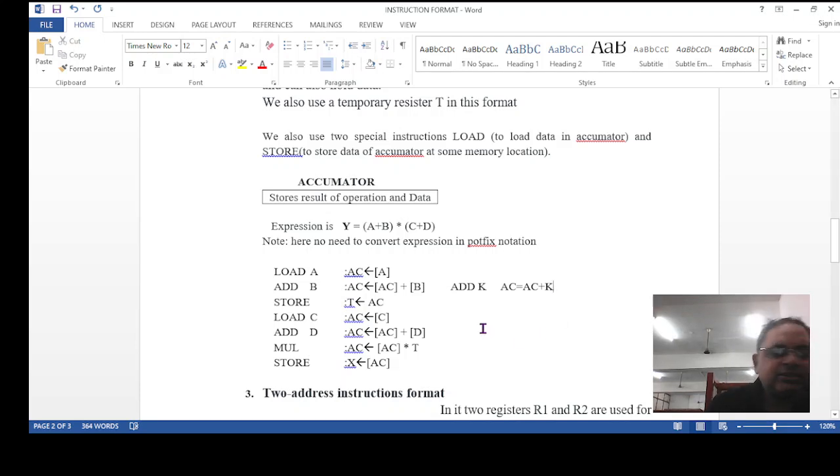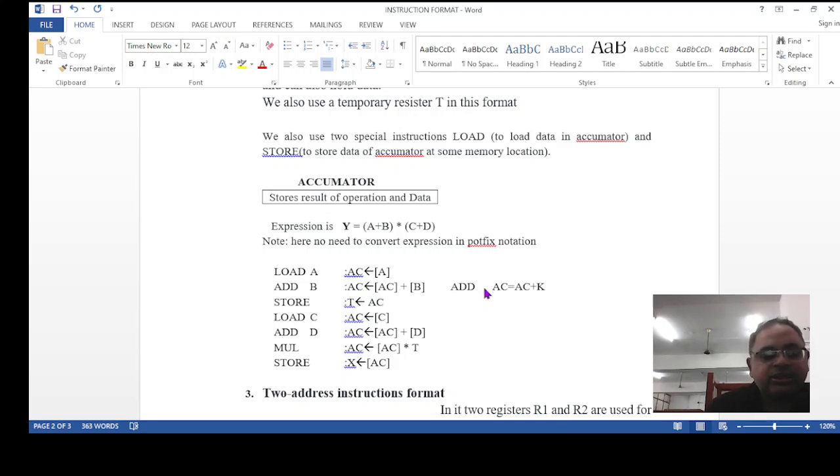So in one address instruction format, whenever we write add B or add K or add C or add L, after execution of, for example, add K, the content of the accumulator will be added with K, and the result will be stored in the accumulator. That is the main point in one address instruction format, where we make mistakes.